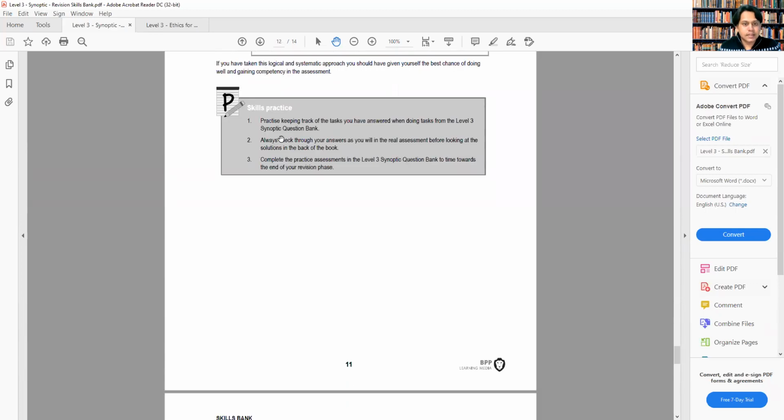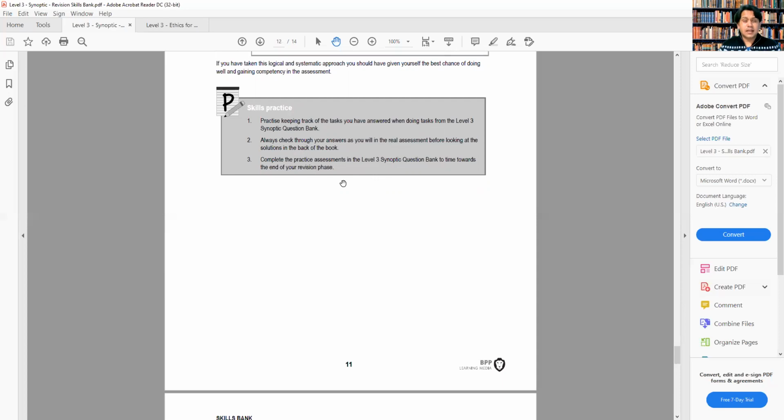Skill practice: practice keeping track of the tasks you have answered when doing the tasks from the level 3 synoptic question bank. Always check through your answers as you will in the real assessment before looking at the solution at the back. Complete the practice assessment in the level 3 synoptic question bank to time toward the end of your revision phase.